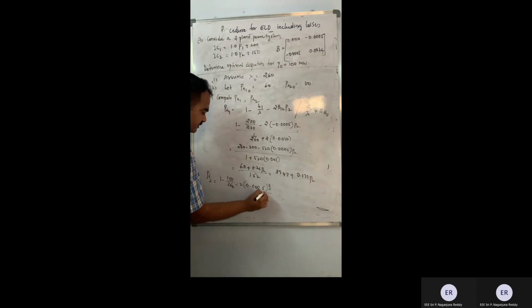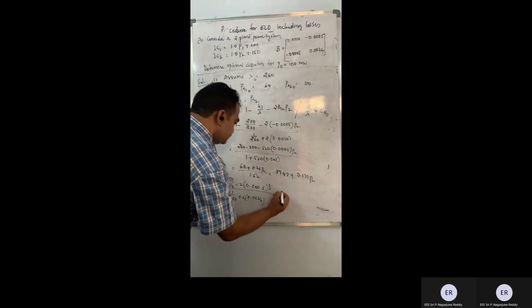And similarly, I'll calculate PG2. What I'll be getting here, 1 minus 150 by 260 minus 2 into minus 0.0005 P1 by, this is going to be 1 by 260 plus 2 into 0.002.